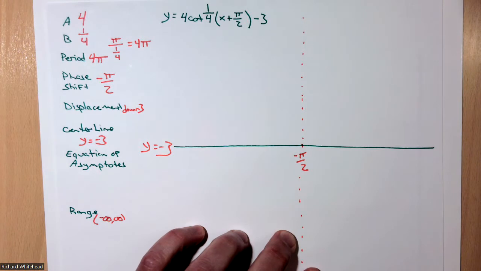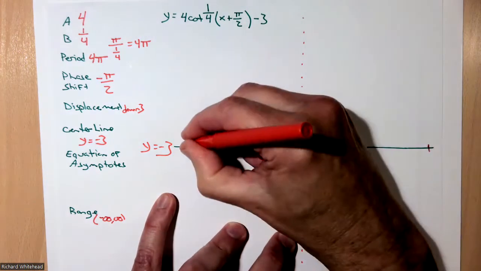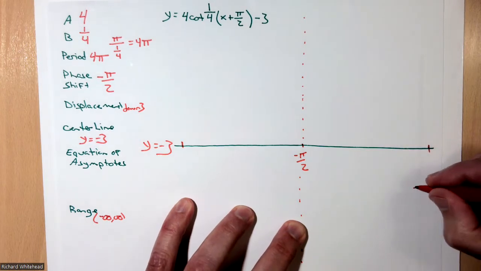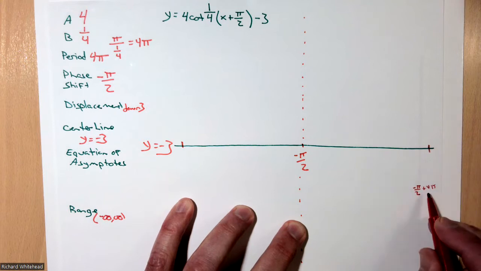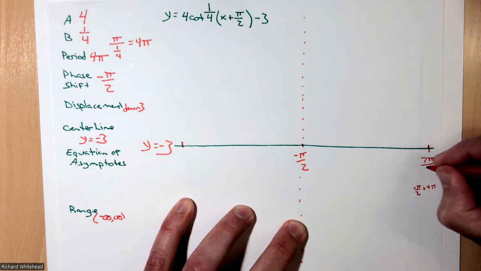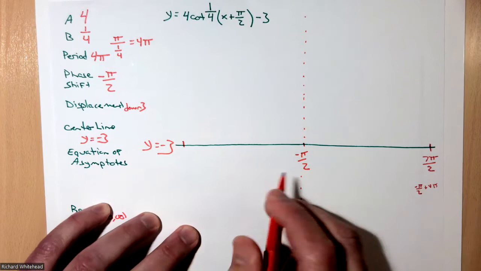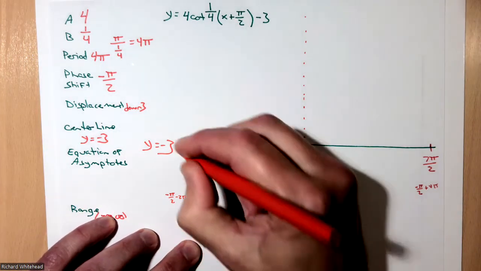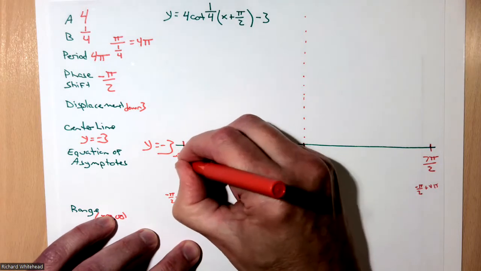So once again, here we are. Got to label these points. So if that's negative pi over 2, and I got to go 4 pi, negative pi over 2 plus 4 pi, so that'd be 7 pi over 2. Negative pi over 2 minus 2 pi, so that'd be negative 9 pi over 4.